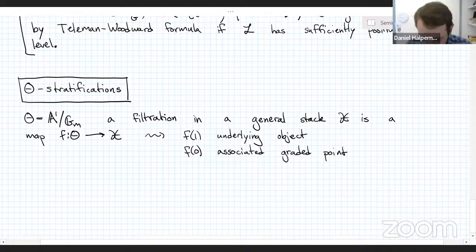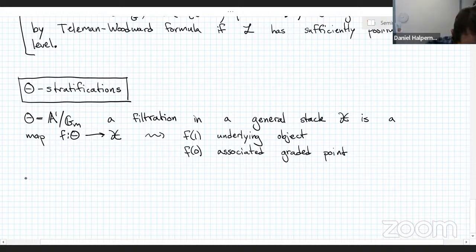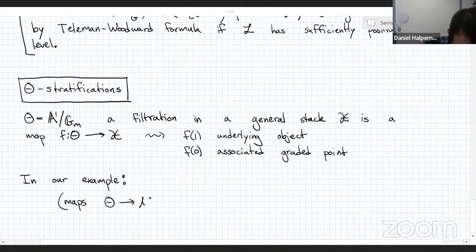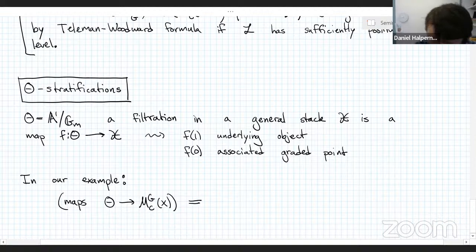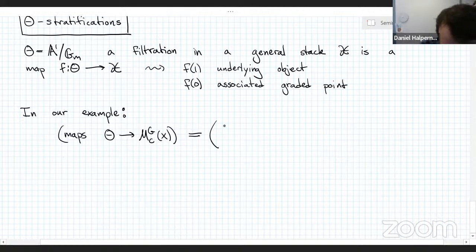And the key in our example: maps from theta to MCG of X are the same thing as Z-weighted, let me just, for simplicity, say G is GLn.